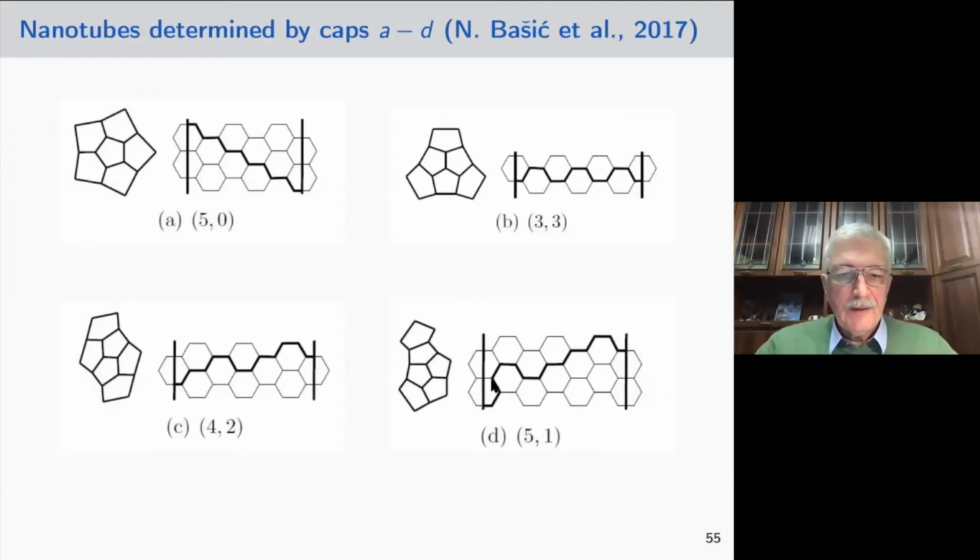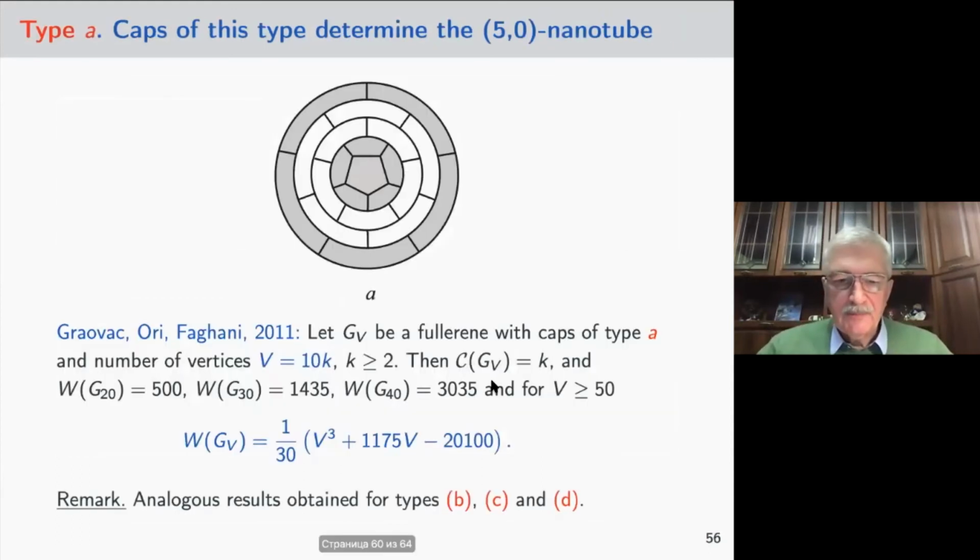And of course, if you fix the nanotube and the caps, the number of vertices depends on your fixing, and the number of vertices is not arbitrary. Let me give you an example for type 1, for type A. This is the case when you have 6 pentagons in one cap and 6 pentagons in another one.